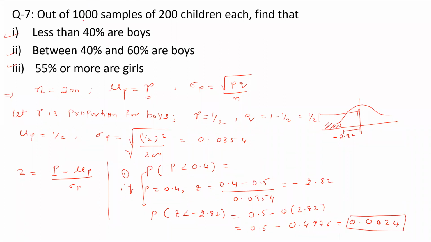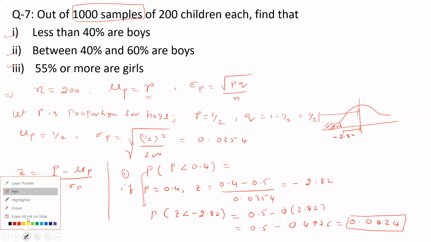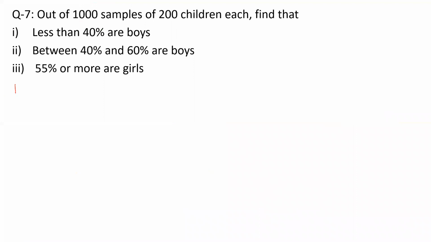But we have to find out of 1000 samples, how many samples will have less than 40% boys? So just remember this value. I will just rub this portion. So we have got the probability of Z less than 0.4 as 0.0024.